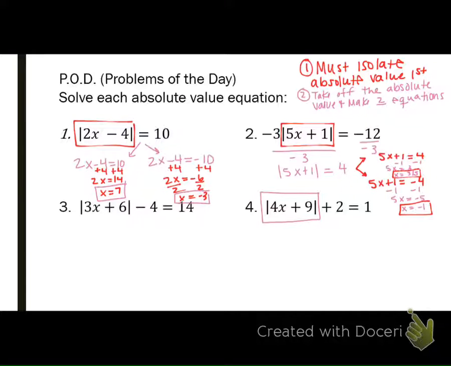No. This is where a lot of you guys made your mistake on the homework. You guys would split the equations right away. What must be done first? Riley? You gotta get rid of the 2. We need to isolate the absolute value by moving the 2. That has to happen first. Do not split your equations until this step is done. This is one of the biggest mistakes I saw. Actually, the biggest mistake I saw. Hopefully, this clarifies not to do that today.